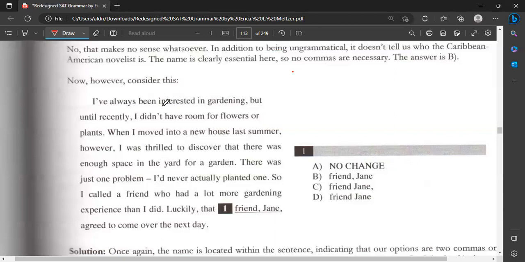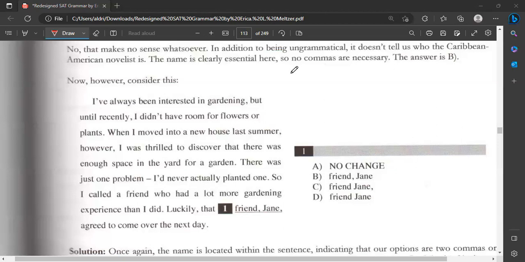So for this one, I'll choose C. Okay, C. Anyone else? D, sir. D, okay. All right, I'll just get right into it.